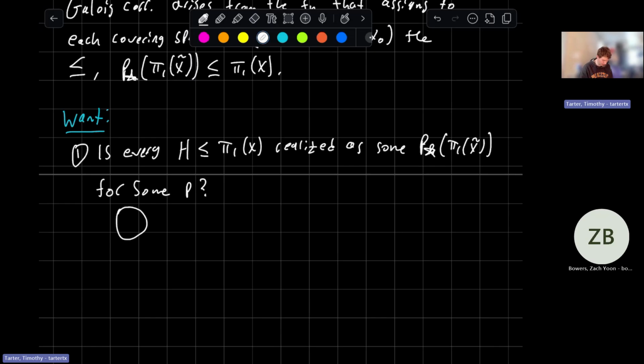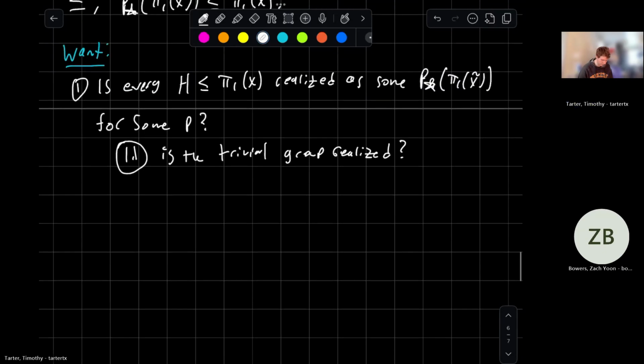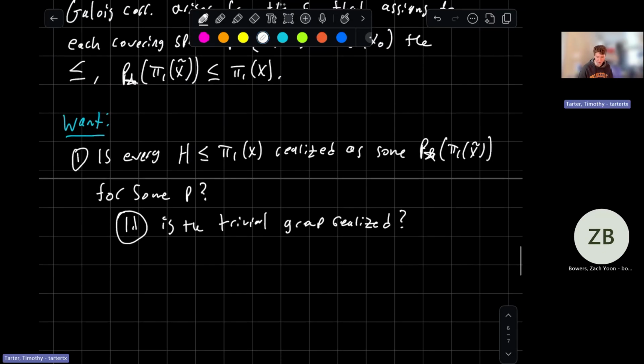In particular, is the trivial group realized? And we know that p star is always injective.